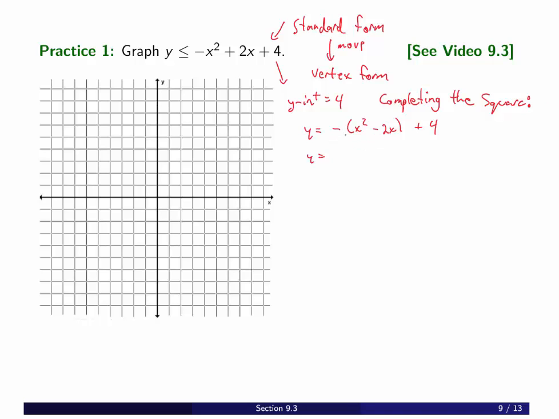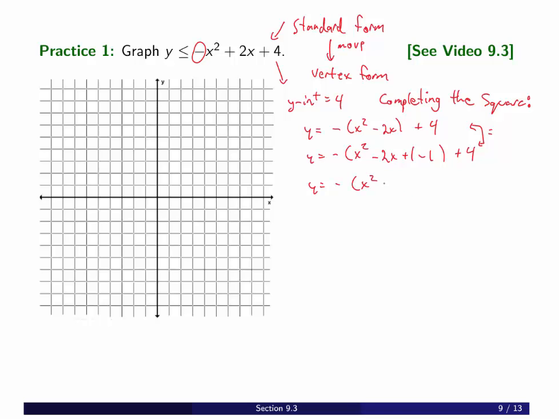Step 1 is factoring out a, which is -1 here, from the first two terms. Then you take half of the x term, which is -2. So half of -2 will be -1. Square it, which will give you +1, and add and subtract it. These two steps are exactly the same; they're equal to each other algebraically.